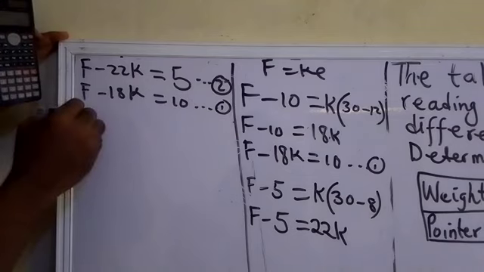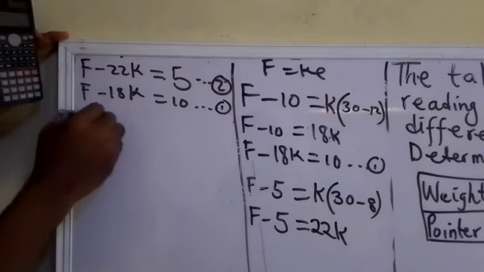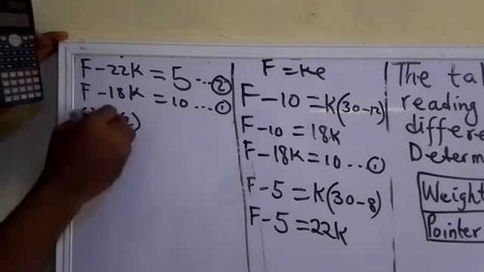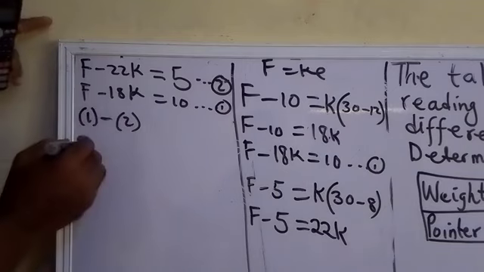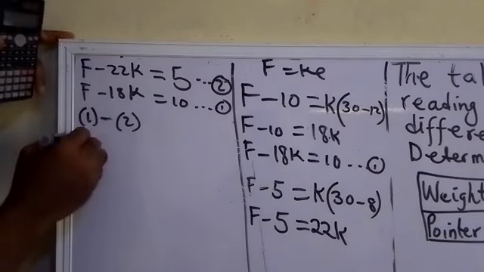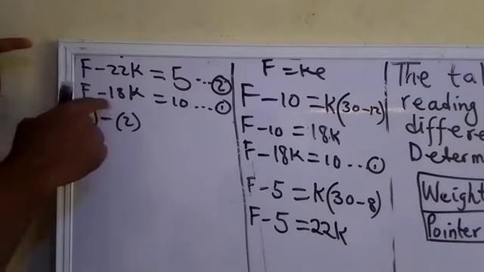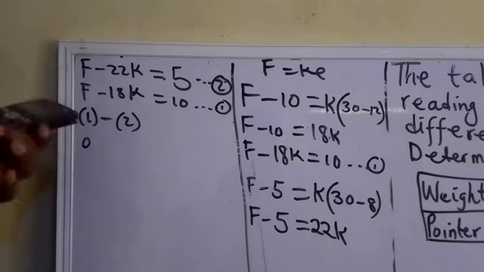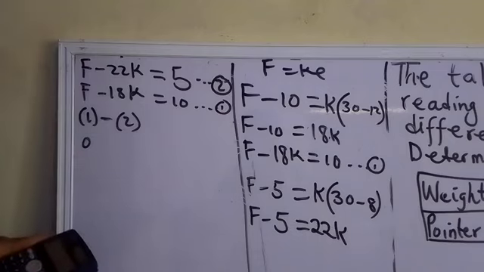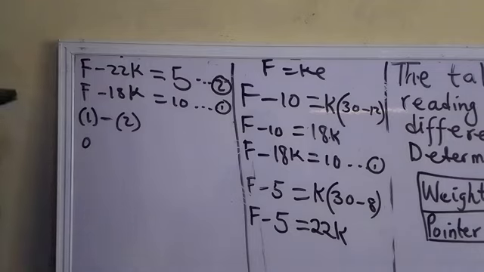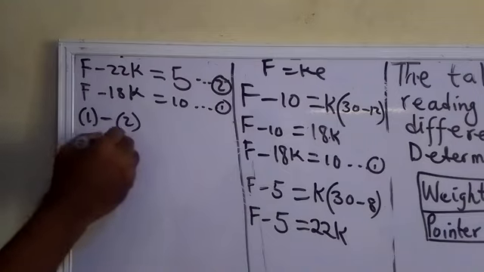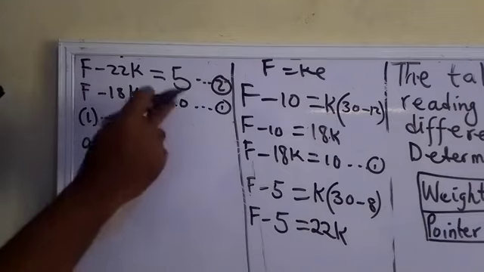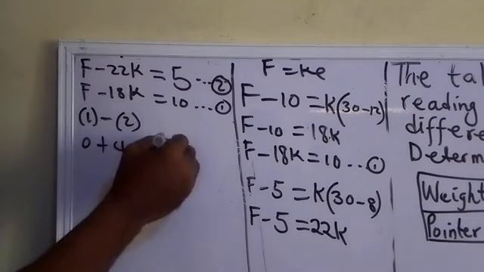Okay guys, equation 1 minus equation 2, F minus F, of course that would be 0, minus 18 minus minus 22, make sure no mistakes with the signs, minus minus 22 gives you plus 4, equal to 10 minus 5, which gives us 5.